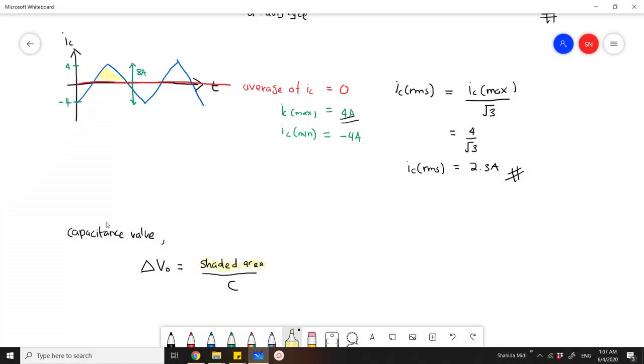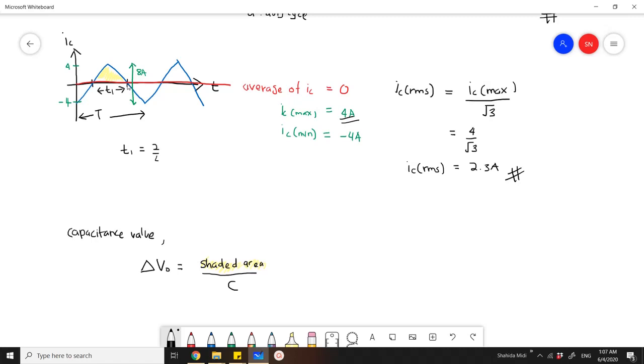So we are going to need this width over here. For that we are going to need the period T, and half of that will be this T1.